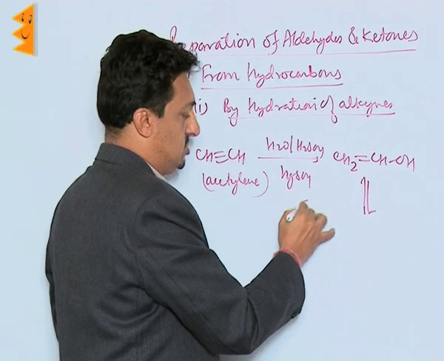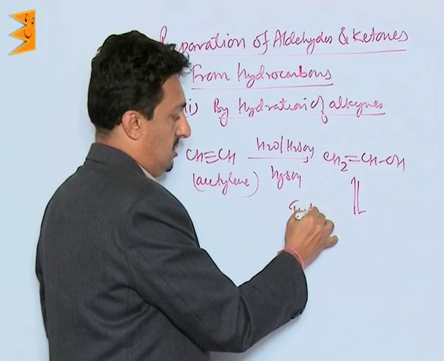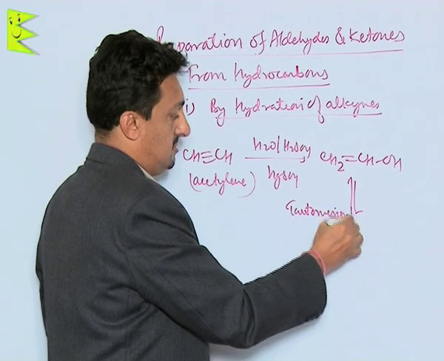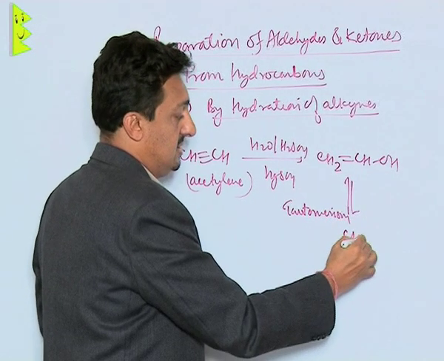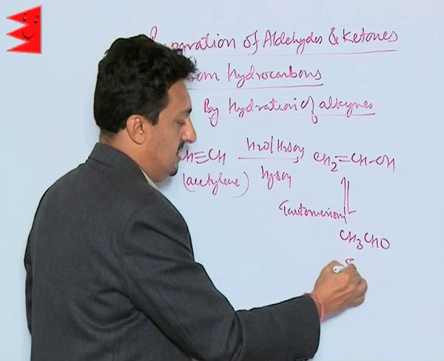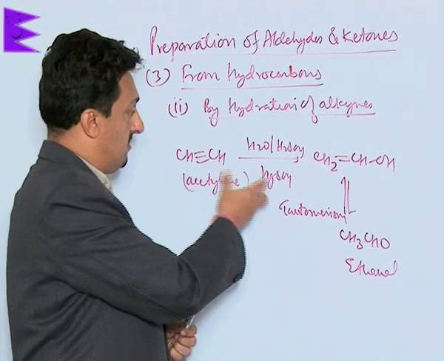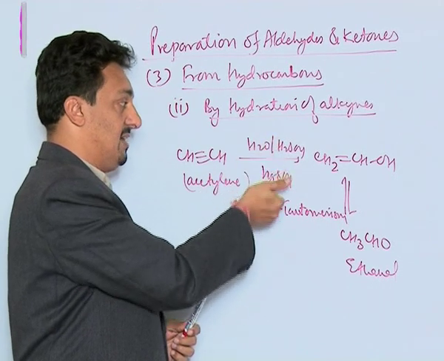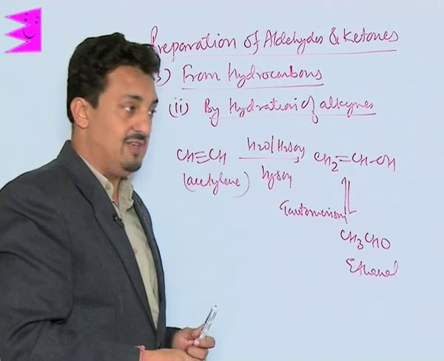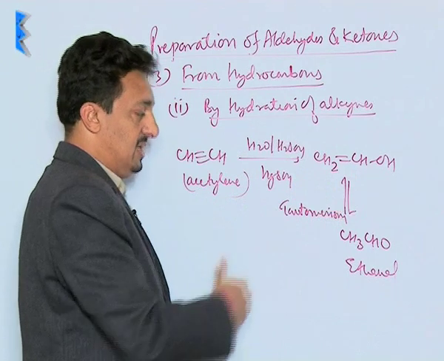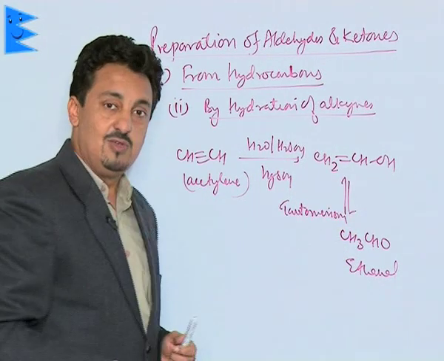This molecule shows tautomerism, so it gets converted into an aldehyde, ethanal. So this is how the addition of water, which is called hydration, in acidic medium in presence of mercury sulfate converts it into an enol, which gets tautomerized to give you an aldehyde.